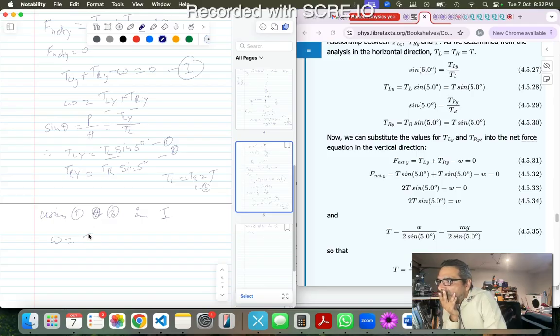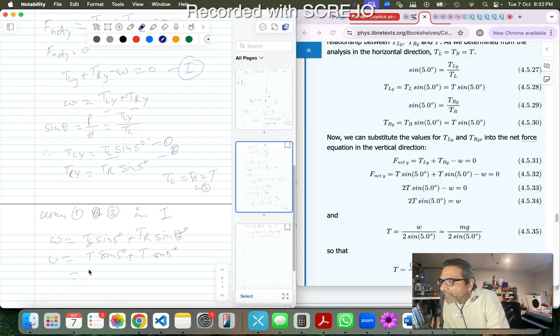So I'm replacing, so let's say first I'm writing TLY sine 5 degree plus TR sine 5 degree. Now W equals TL, instead of TL I can write T sine 5 degree, plus T sine 5 degree, right?